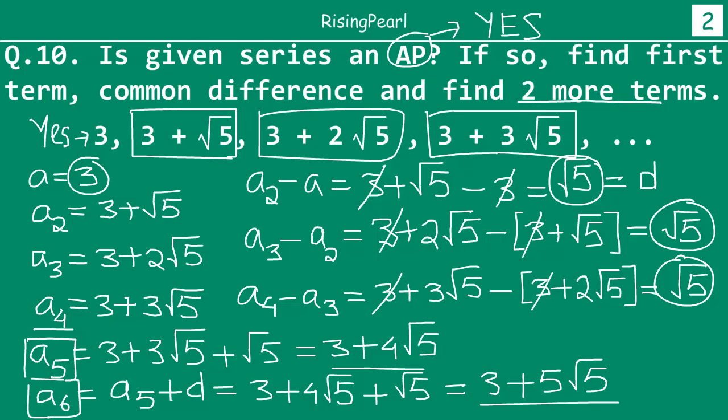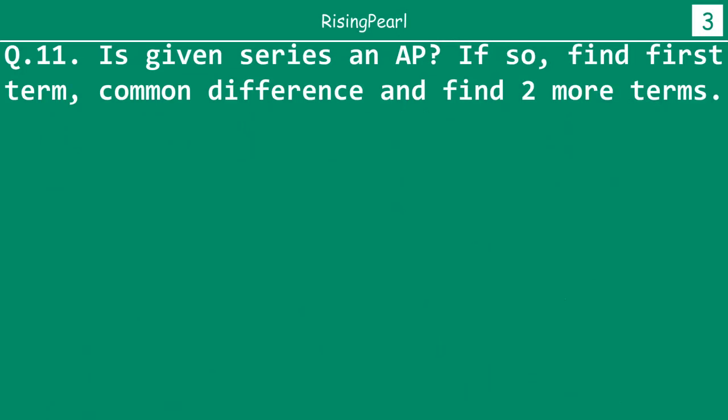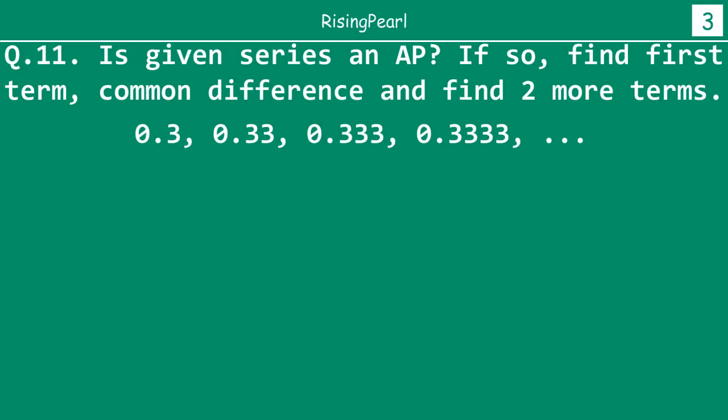So friends, now let's see if we have time, maybe we can take one more question. Let's take a look at this particular series. The numbers are given like 0.3, 0.33, 0.333, 0.3333. As we keep adding terms, we are adding one extra 3.